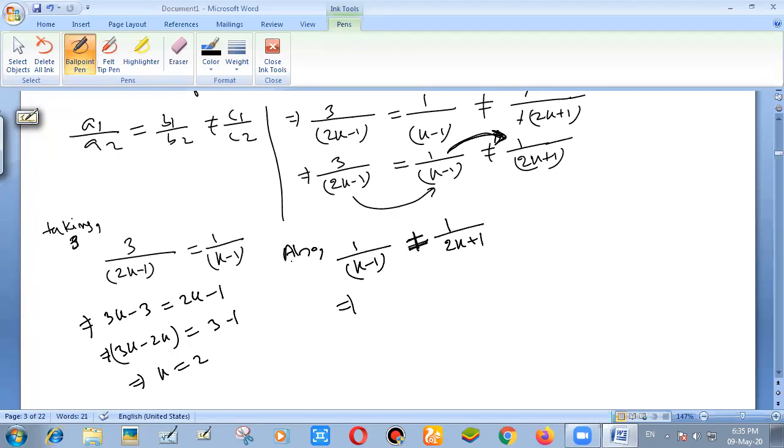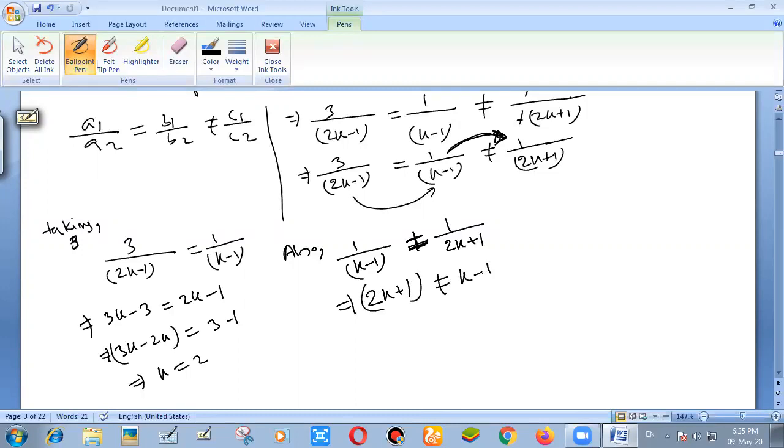The properties are same as equal to, that means you can cross multiply. Have you understood? These are two different symbols, but the properties are same. So it will be 2k plus 1 does not equal to k minus 1.